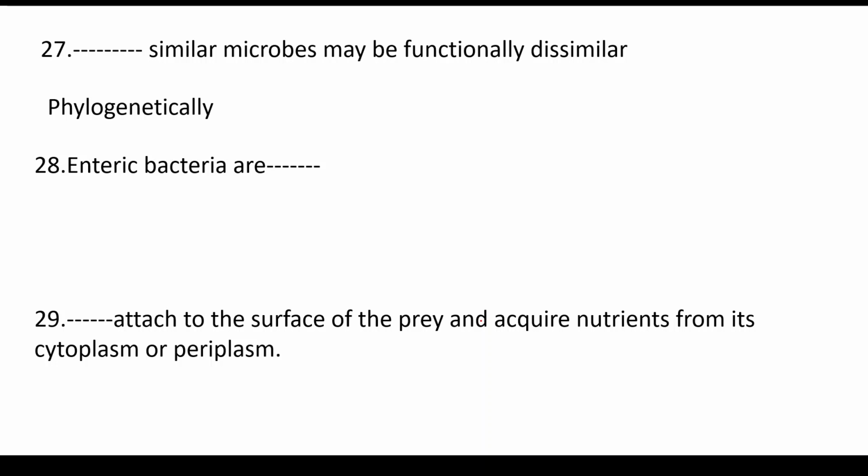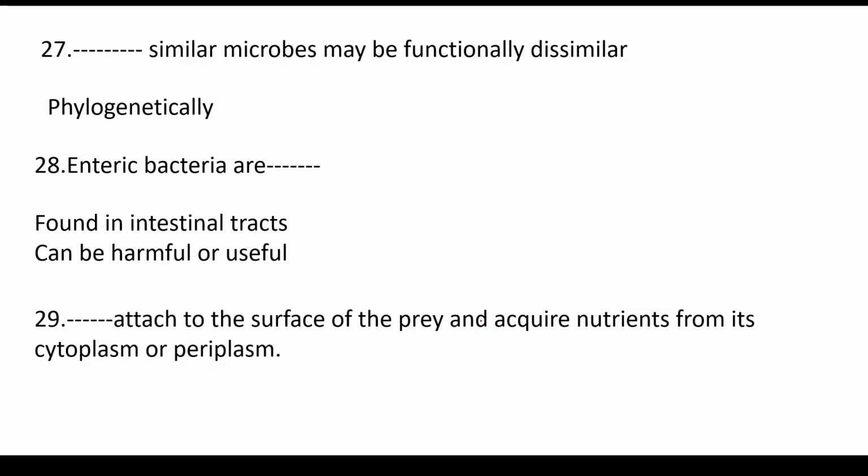Enteric bacteria are found in the intestinal tract and can be harmful or useful. No issue with that. Predators and parasites attach to the surface of the prey and acquire nutrients from cytoplasm or periplasm, so they can be epibiotic predators. You know that. Note this down so that we can move forward to the next one.